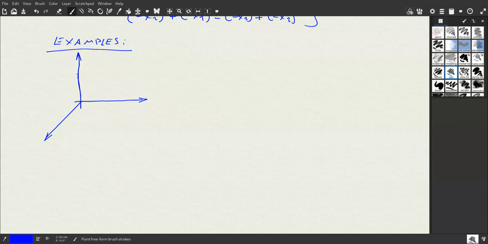We'll be using this example over and over and many times again. So now, a three-dimensional space. Please do not confuse coordinates with elements of the vector space. So now we'll use x, y, and z to be coordinates.